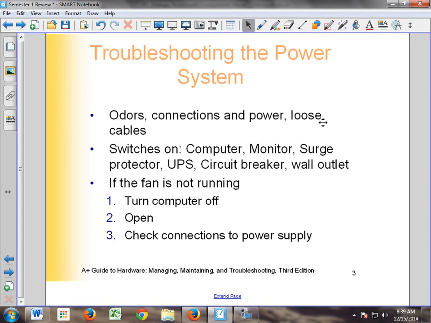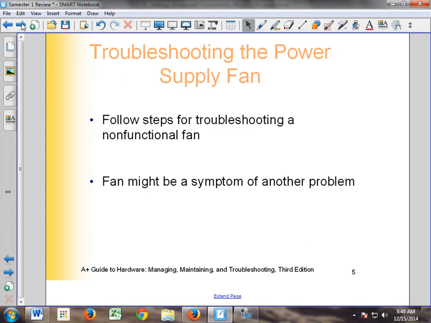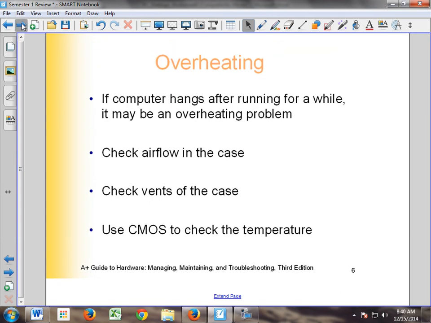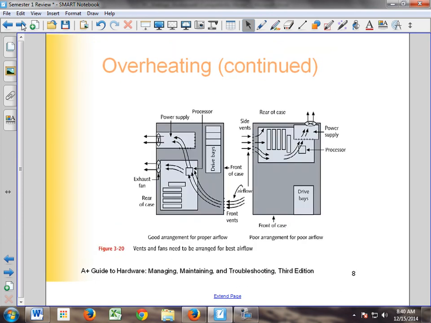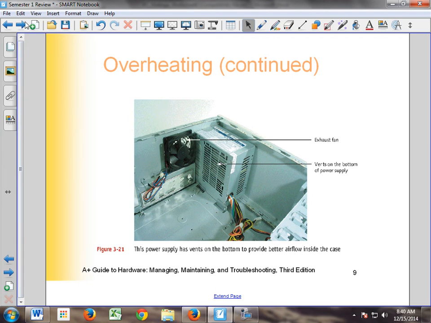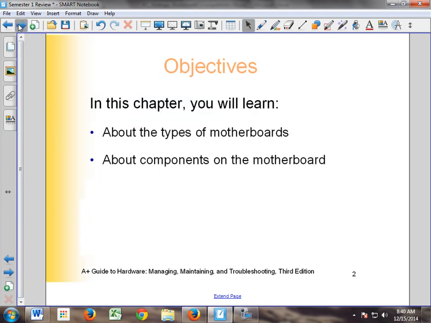Look for odors, connections, loose power cables. Make sure all your switches are on. We're not going to talk anymore about troubleshooting the switches that go in, because I'm not going to ask you any questions on those.